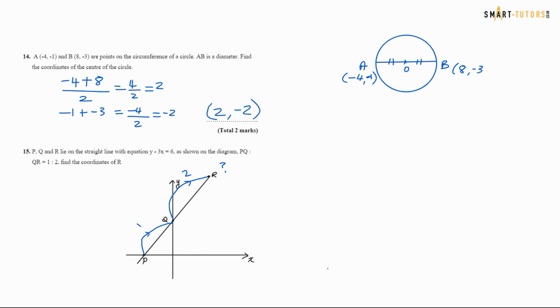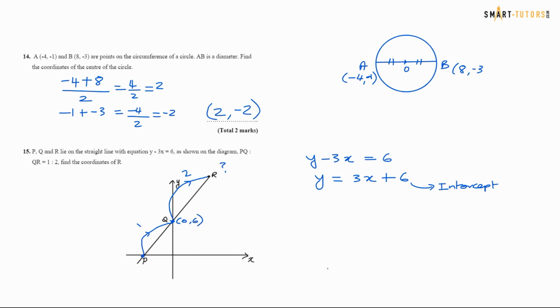So first of all, the equation of the line y minus 3x equals 6. I make it in y equals mx plus c format: y equals 3x plus 6. The plus 6 is the intercept where it cuts the y-axis. So Q's coordinates straight away we can say are 0, 6.